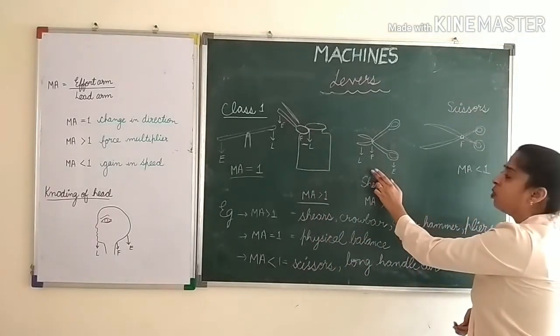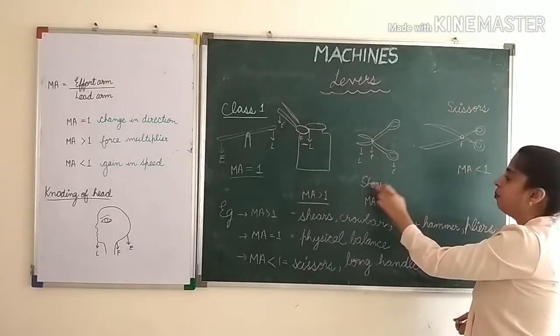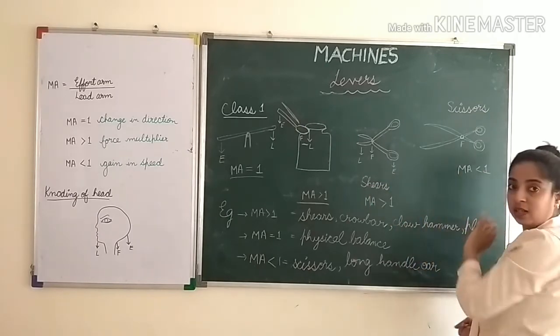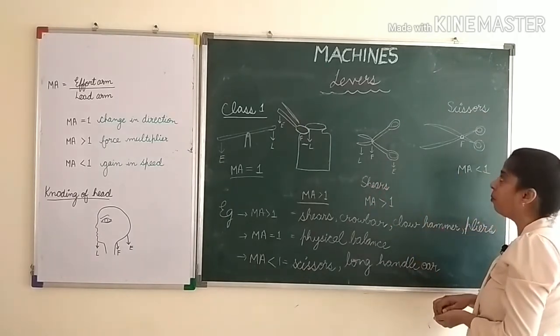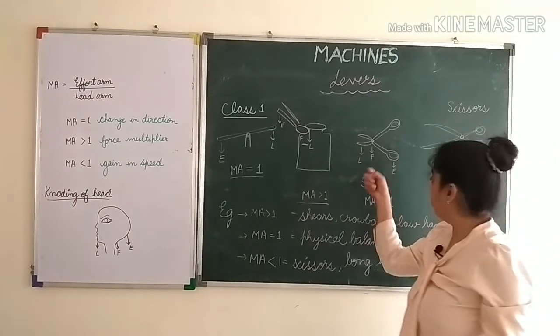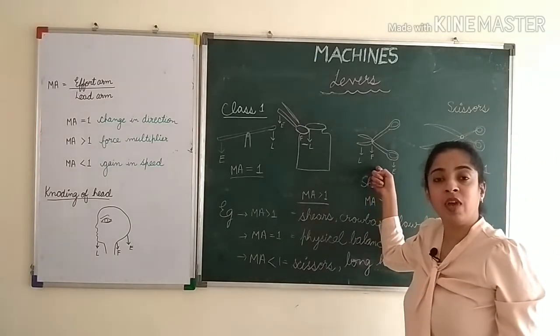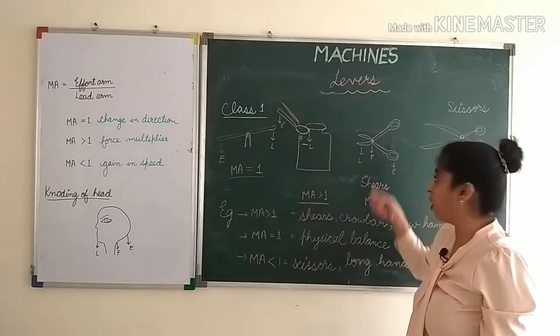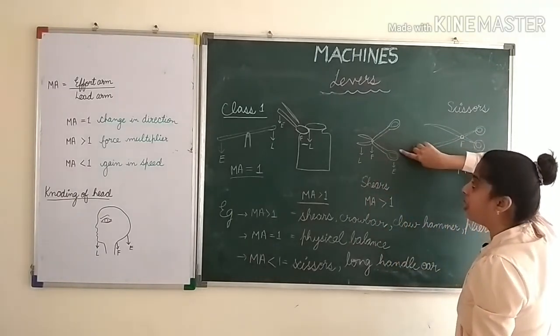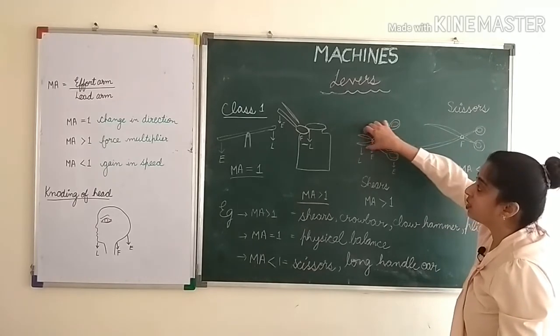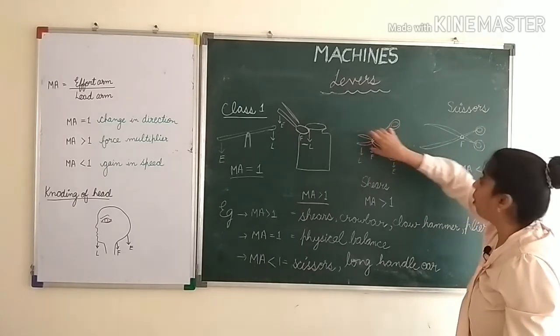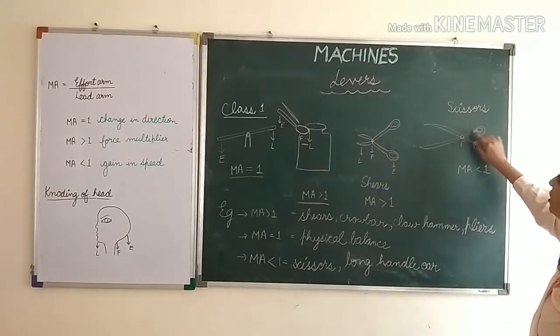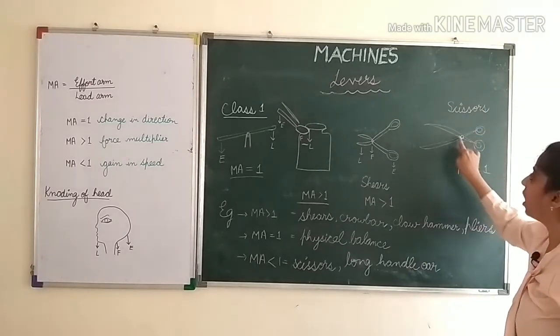Here lots of students get confused between shears and scissors. Now children, you should remember that shears is used when we want the lever to act as a force multiplier. So here the handles are big in shears and this arm is smaller. Whereas in scissors the handles are small and these are big.